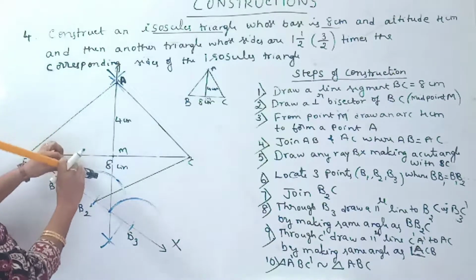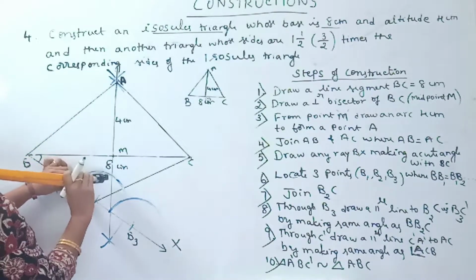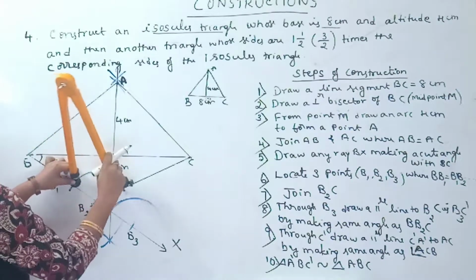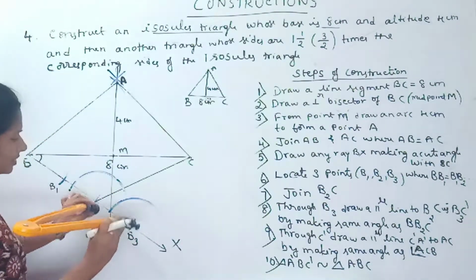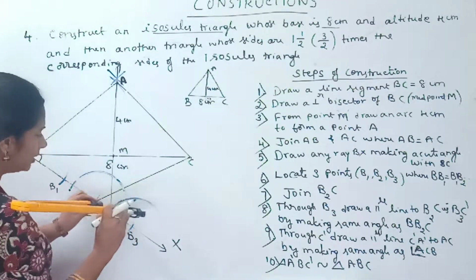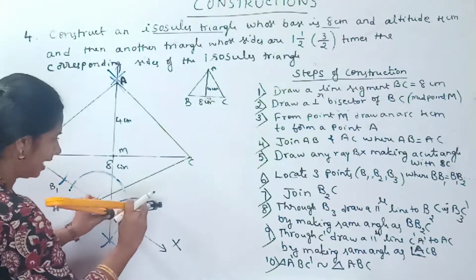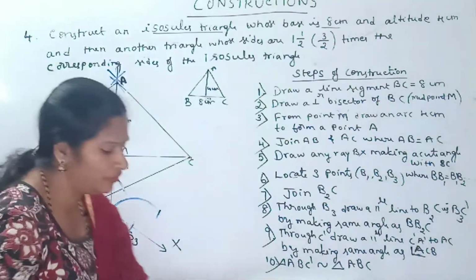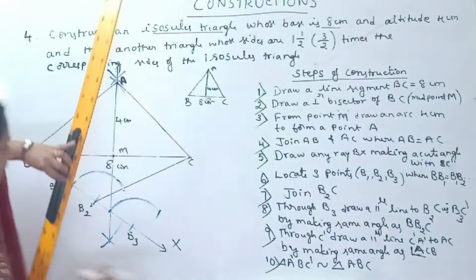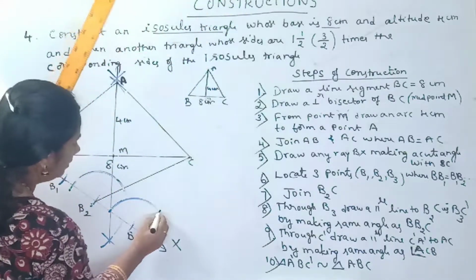Measure the angle and the same angle you are going to construct at B3. So keep your compass on that arc and cut that first arc. Now we have to join that point and B3.